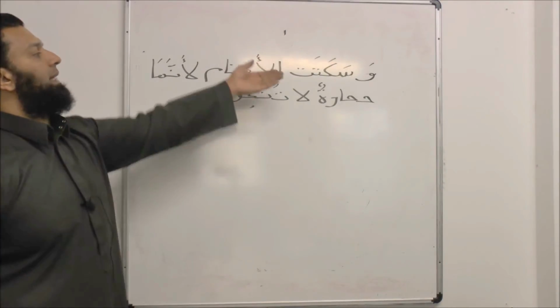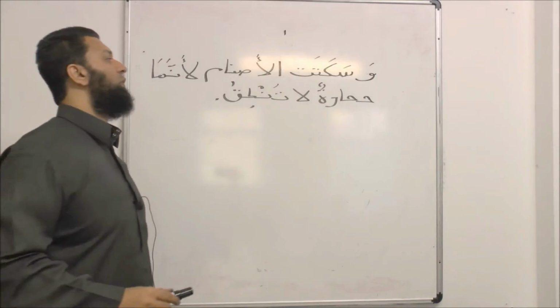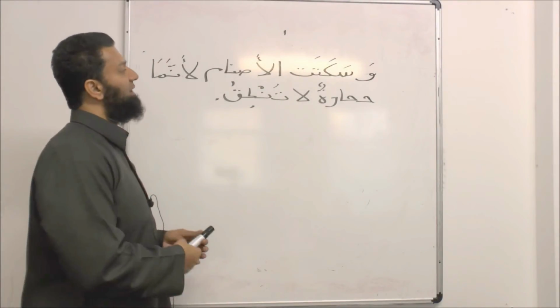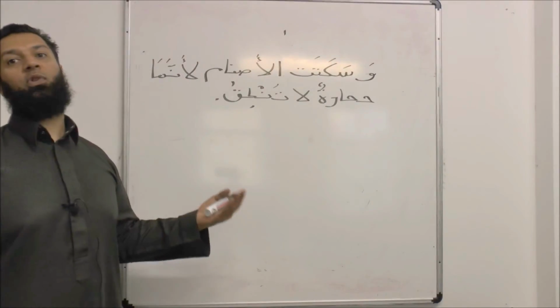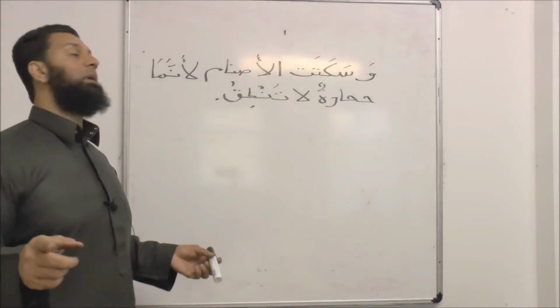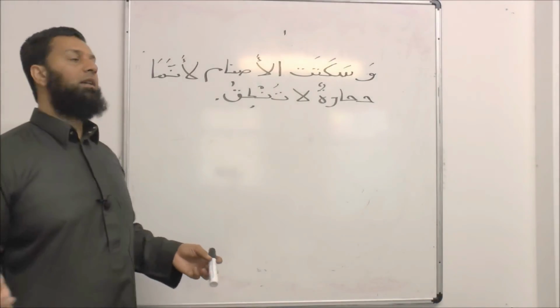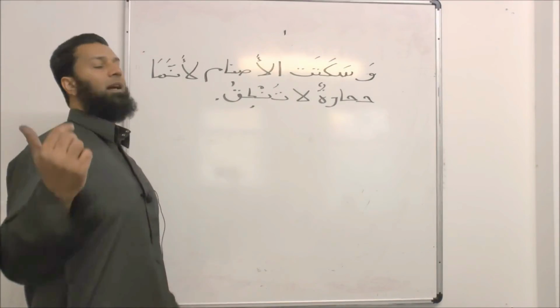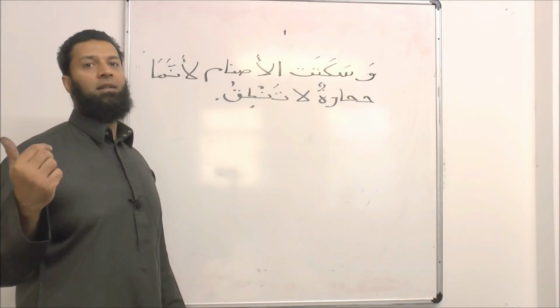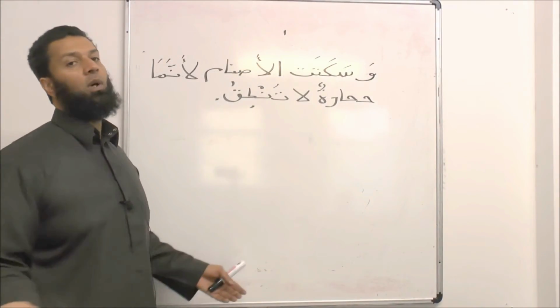What does sakata mean? Sukut. You hear it, particularly in relation to children, when the teacher says uskut. Sit down. Quiet. Be quiet. So sakata means he was quiet.